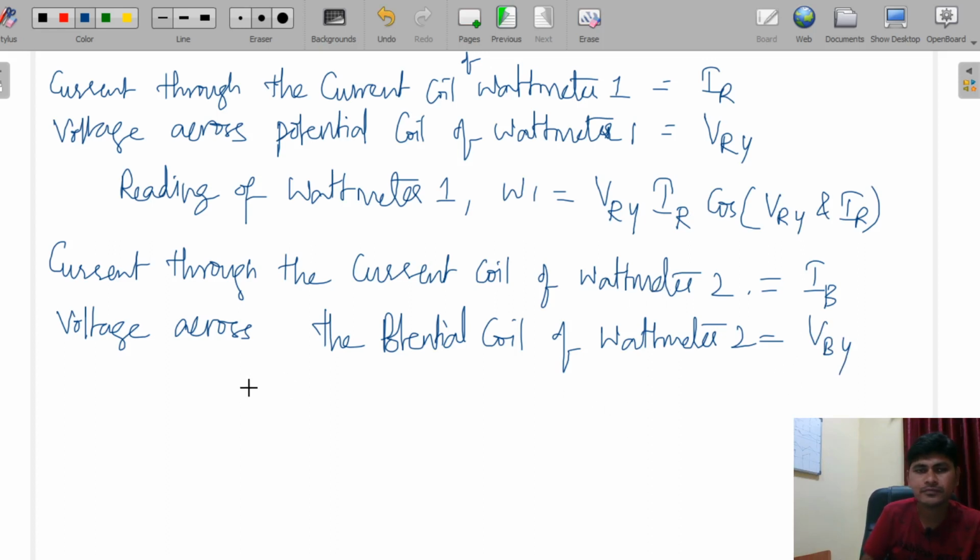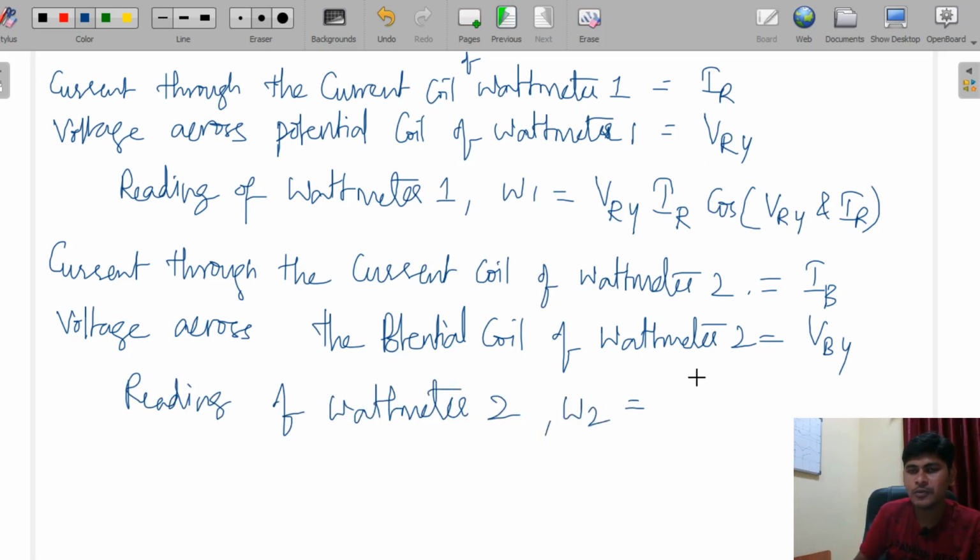Now what is the reading of wattmeter 2? W2 is equal to the voltage measured by the potential coil of wattmeter 2, that is VBY, and the current through the current coil, that is IB, and cos of the angle between VBY and IB.